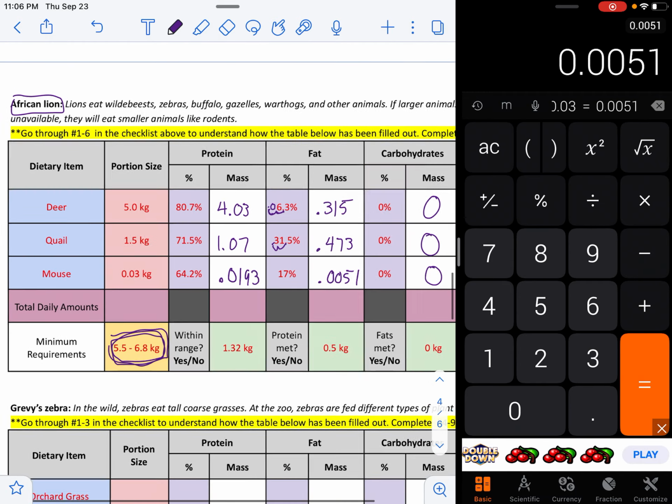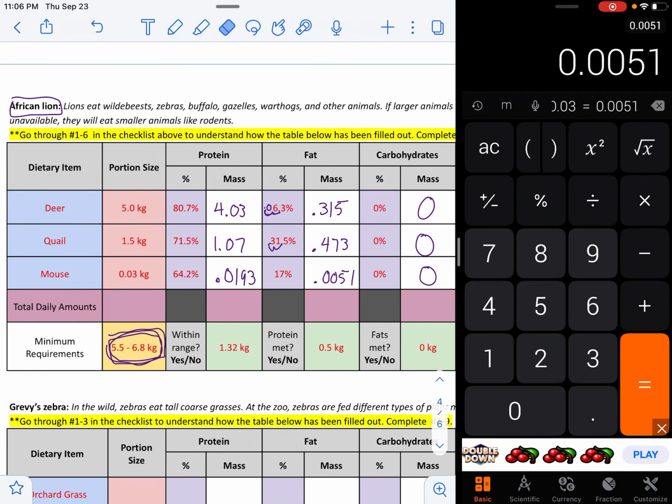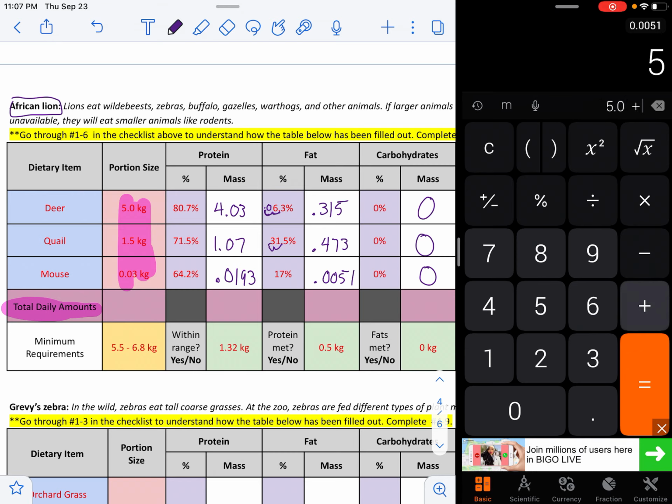Okay, we have all of our data filled. So now what I've got to do is find the total. What total means is I'm adding things up. So for portion size, which is this column right here, I'm going to add up all of those. So 5.0 plus 1.5 plus 0.03.